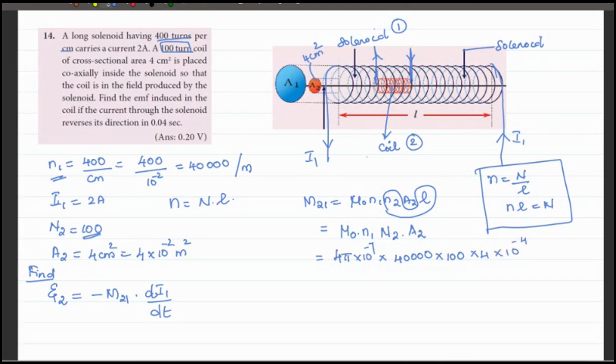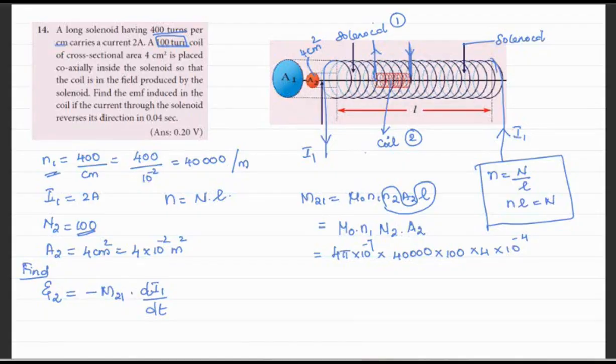So this comes around 2.0096 into 10 power minus 3 Henry. That is inductance. So this is M21. Okay, so this is ready.